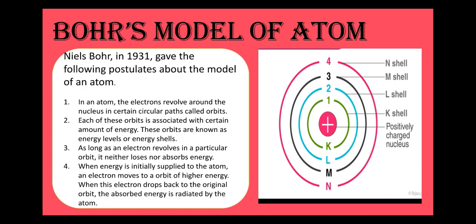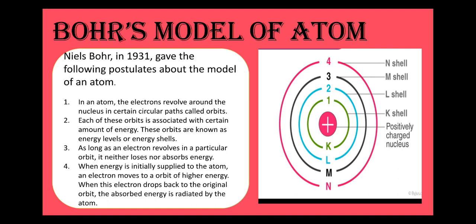Each of these orbits is associated with a certain amount of energy, and these orbits are known as energy levels or energy shells. Like here we can see different energy levels, K, L, M, N, or we can name them 1, 2, 3, 4 also. So each orbit has a definite amount of energy. These are called energy levels, or energy shells.